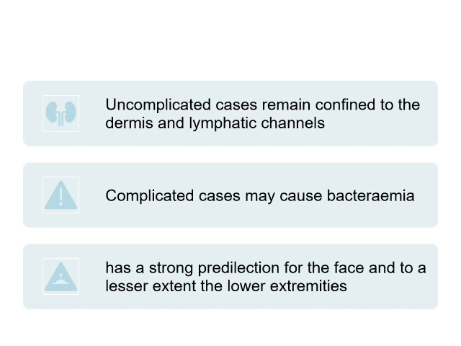Uncomplicated cases remain confined to the dermis and lymphatic channels. Complicated cases, however, may spread to the bloodstream, causing bacteremia. It's important to note that erysipelas has a strong predilection for the face, and to a lesser extent the lower extremities, as you may have seen in the previous page.